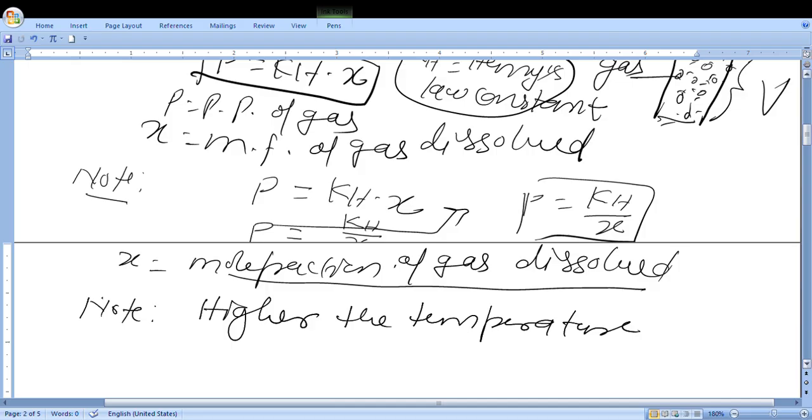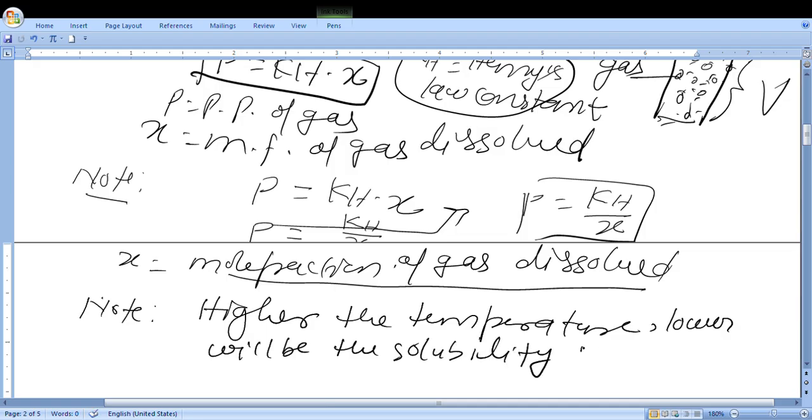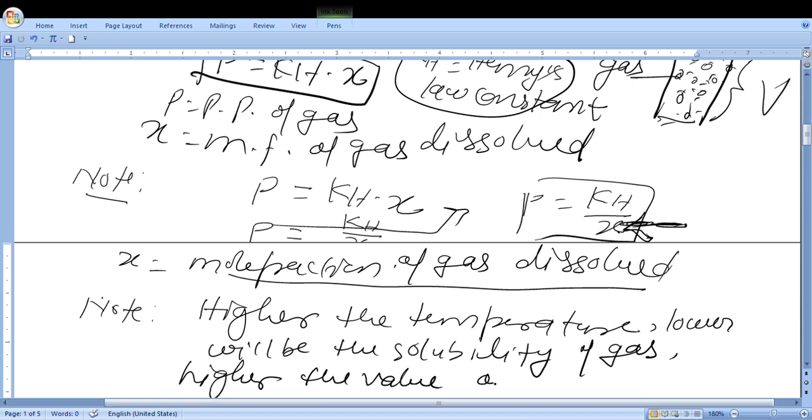It means the solubility of gas becomes very low when the temperature is increased. So higher the temperature, lower will be the solubility of gas. This mole fraction is what we are considering as solubility. The value of X is decreasing as we increase the temperature, which means higher the value of KH.